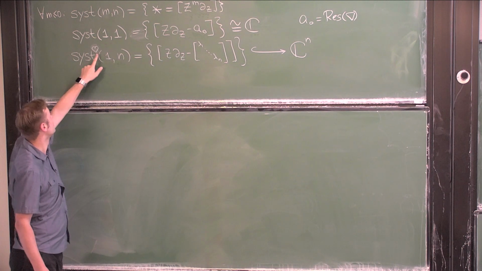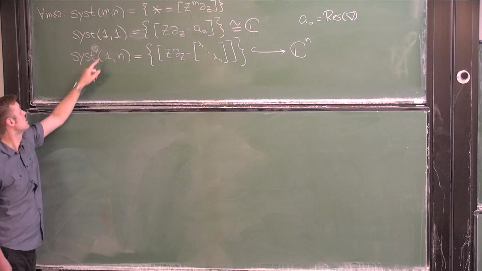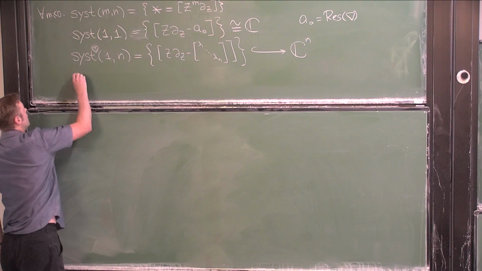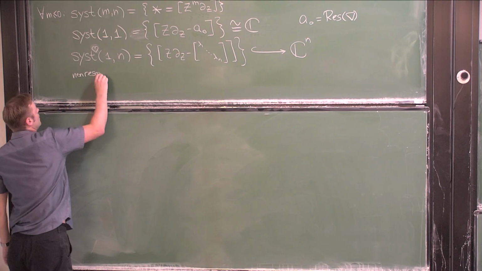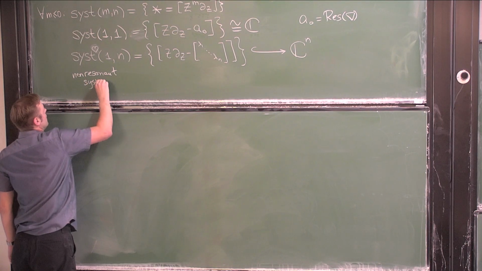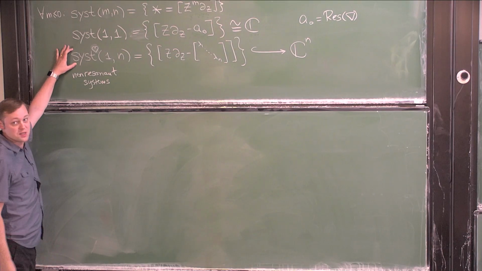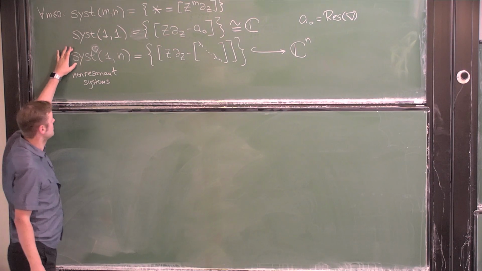That imposed a simplifying assumption, which I called resonance or non-resonance. So these were the non-resonant systems. And this cut out an open dense subset in the moduli space of systems.